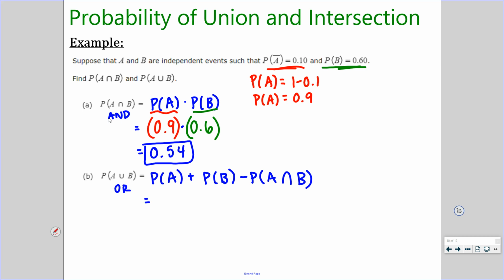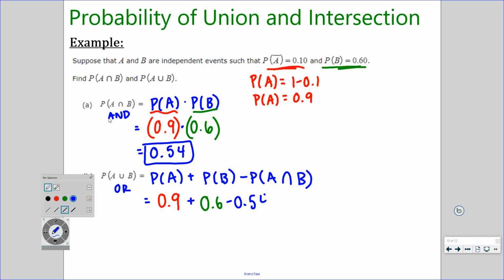So the probability of A, 0.9, plus the probability of B happening, minus the double counting or the overlap. And I got 0.96.